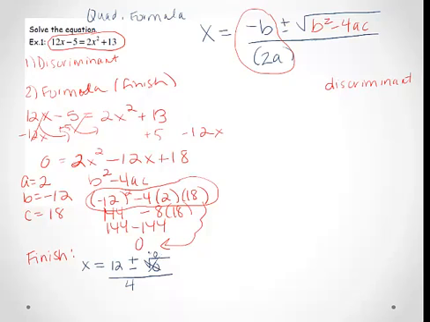If I take 12 and add 0, what happens? Nothing. It's still 12. If I take 12 and subtract 0, what happens? Nothing. So when you get a 0 here, that means this whole part is gone, and it's just going to be 12 divided by 4. 12 divided by 4 is 3. So graphically speaking, my graph would hit the x-axis at the point 3, but I don't feel like going through and graphing it.